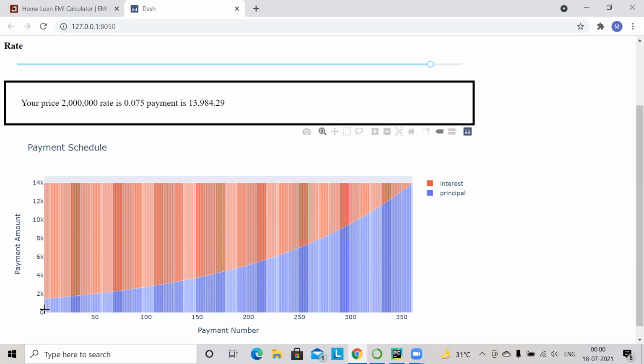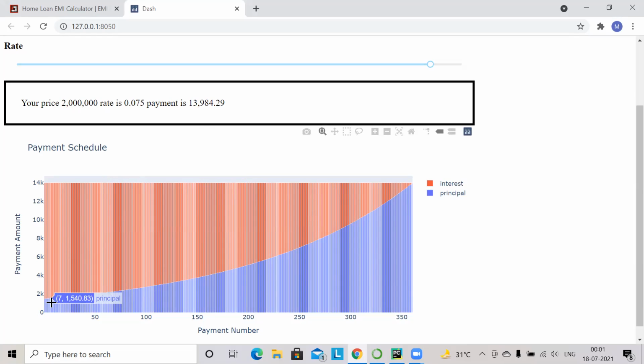In the initial period, whatever EMI I am paying, most of the amount goes towards the interest. So at the 7th EMI period, I am paying 12,443.46 as interest. Here I have mentioned it in K, so we need to multiply by 1,000.